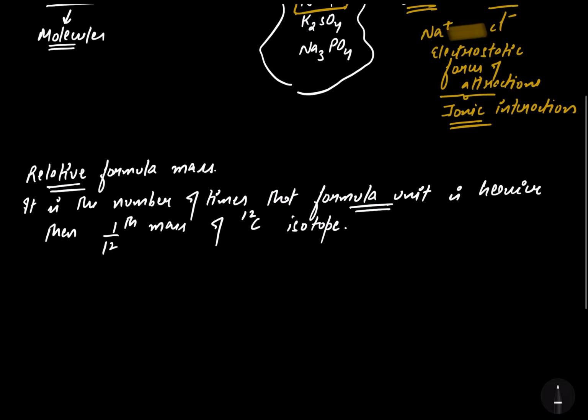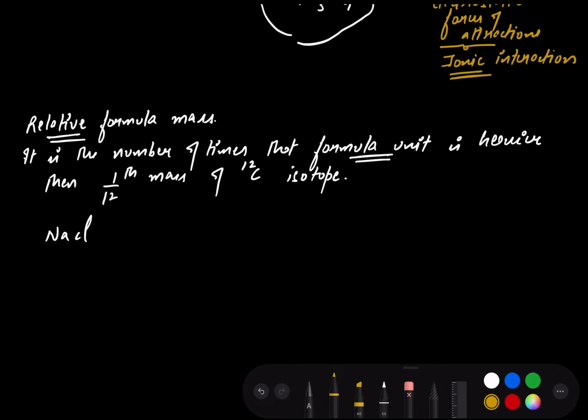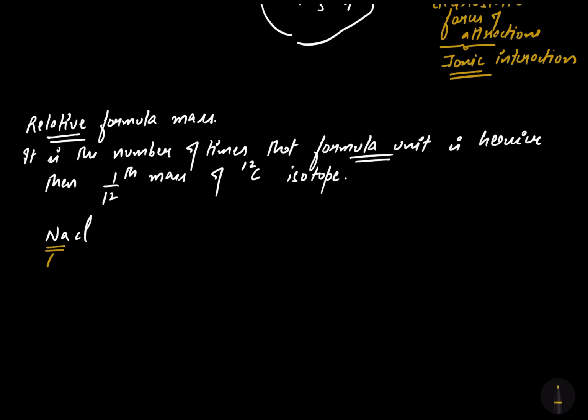So let us take an example. I'm taking the example of NaCl, the most common one. What's the mass of Na? It's 23 AMU. I have already told you what AMU is, it's atomic mass unit. What's the mass of Cl? It's 35.5 AMU.